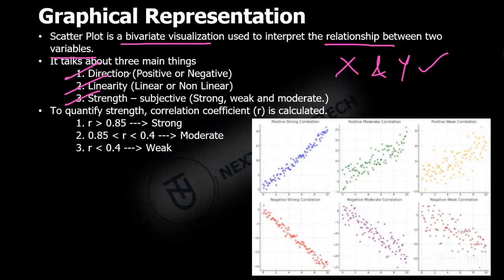Coming to the direction, it gives the information whether the direction is upward, nothing but positive, or downward, or negative. If I take two variables like experience and salary, we know that in general, if you have more experience, obviously the salary will also increase.